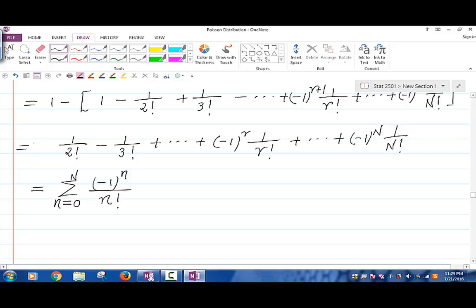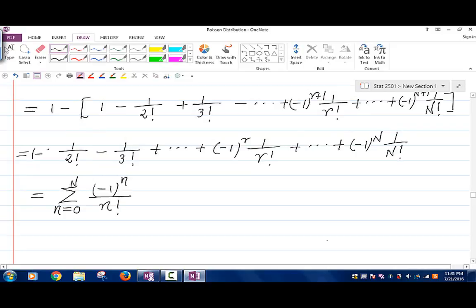This would be 1 minus 1 plus 1/2!, so I can write this as the sum for n going from 0 to N of (-1)^n over n!.